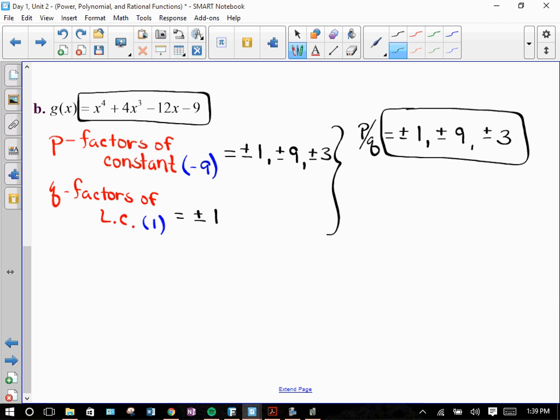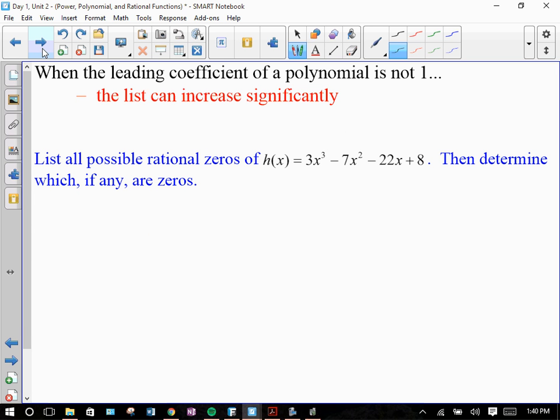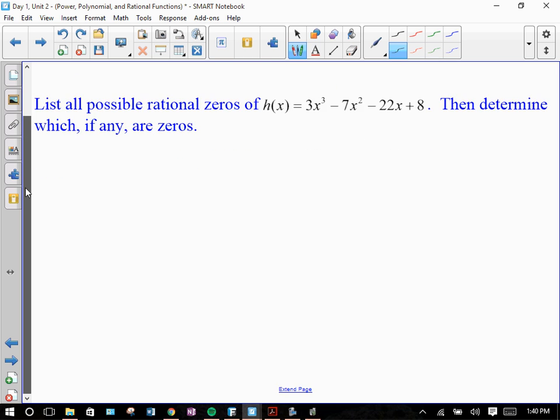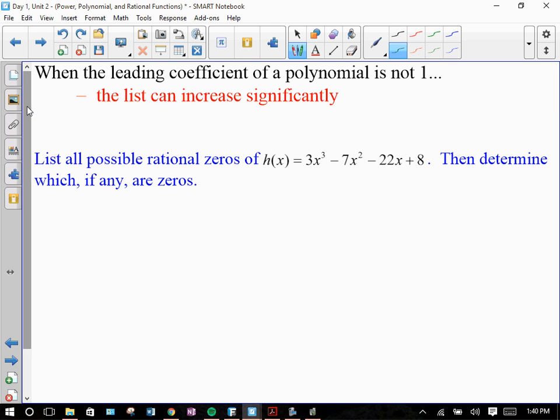All other zeros it might have are not rational, so they're not nice fractions or nice decimals, they're like square root of 5 or something like that. Now, we have one where the leading coefficient is not 1. The list starts to increase a little bit.